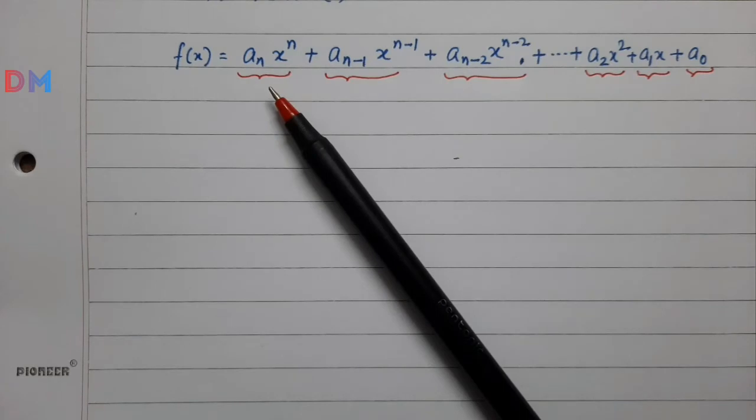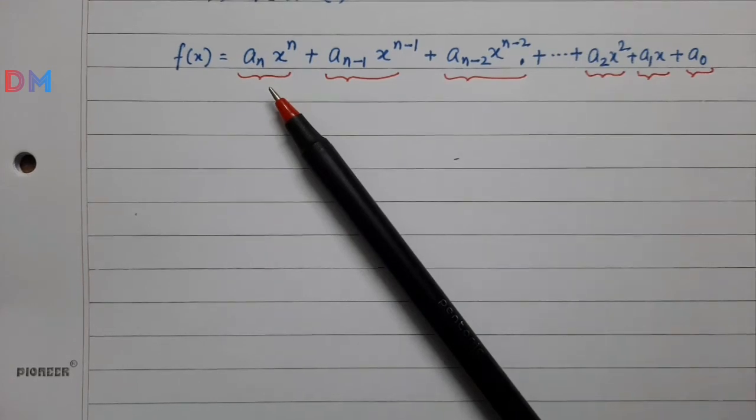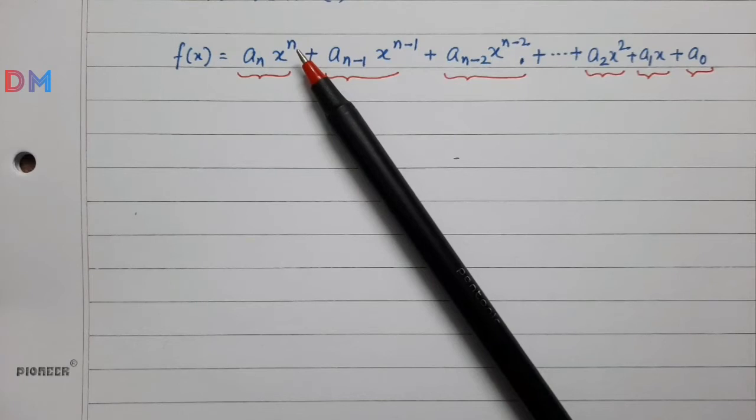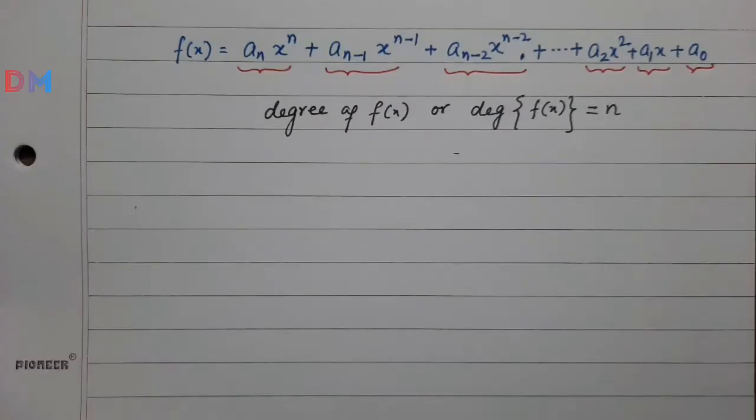Now we call this term the leading term, and the coefficient involved with this leading term, that is a_n, is called the leading coefficient, and this n, that is the exponent of the variable x, is called the degree of the polynomial. So we can write for this polynomial, degree of f(x) is n.